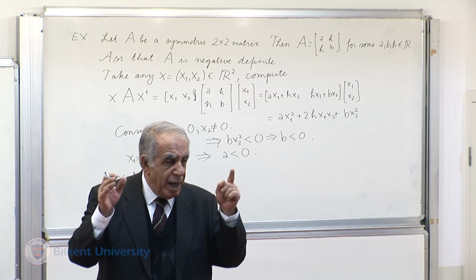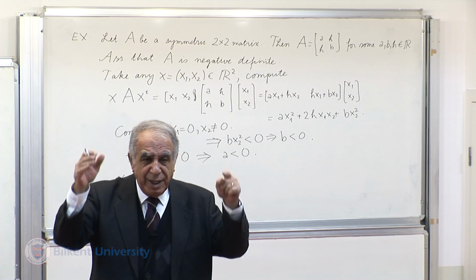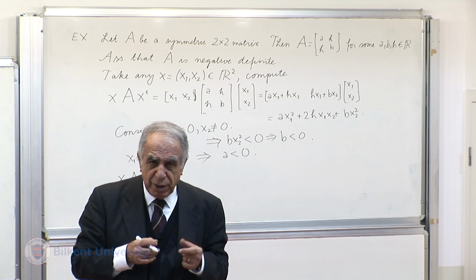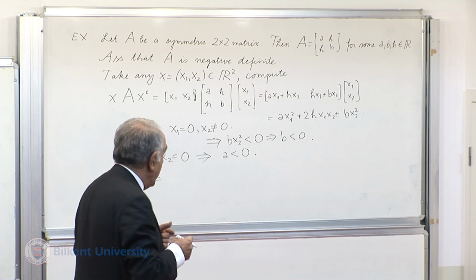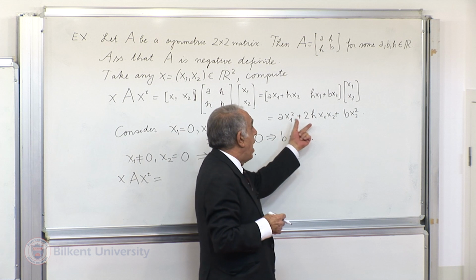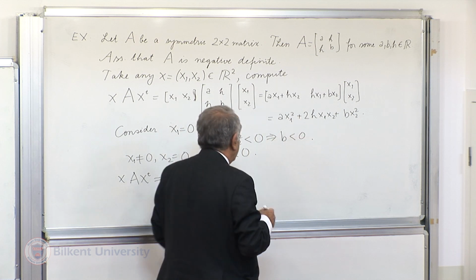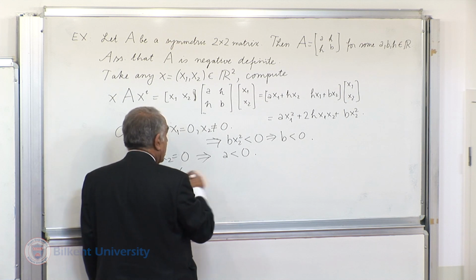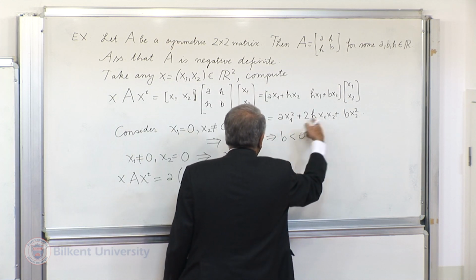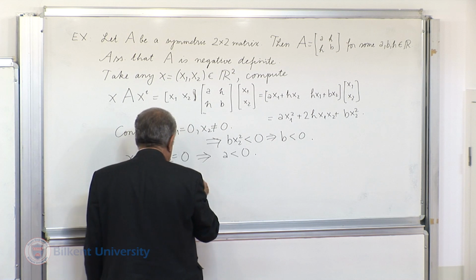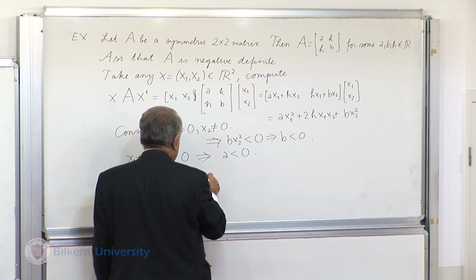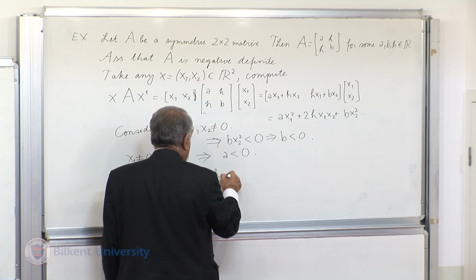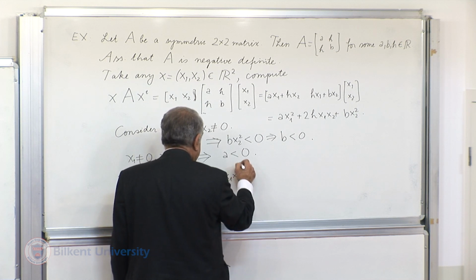If you have the square of any real number, then that will be larger than or equal to 0. So it seems promising to complete part of this to a square. I can do that as follows: a times, I can factor out a from here, then we'll get x1 squared plus 2h over a, x1 x2.